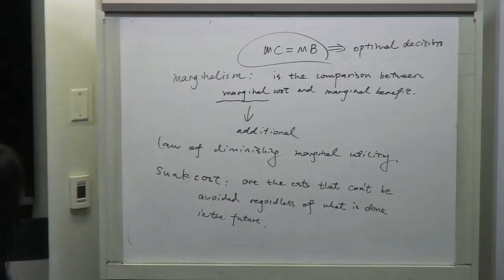Some costs cannot be avoided regardless of what's done in the future. Let's use the same example I used: I teach another section, a decision. What would be the sunk cost for that decision? What cost would not be affected by the decision of teaching another section or not?